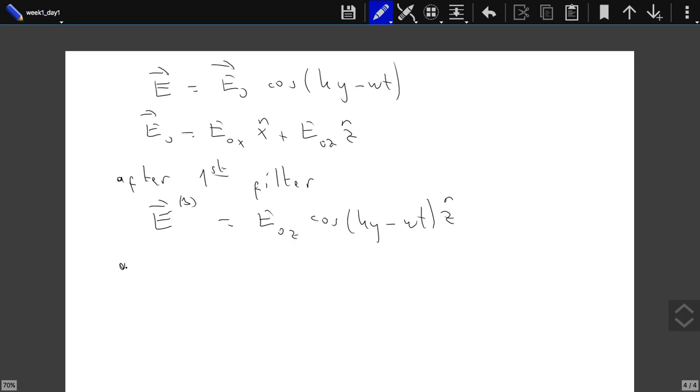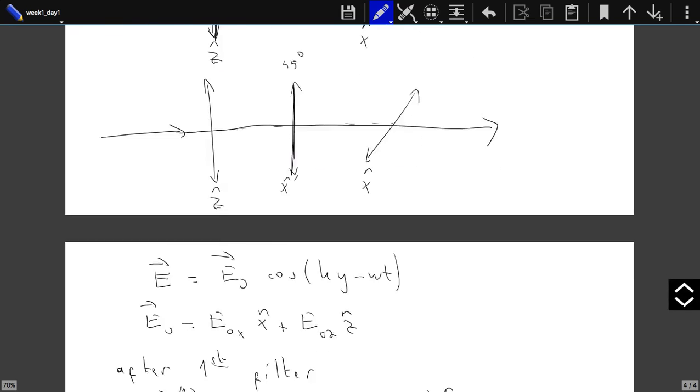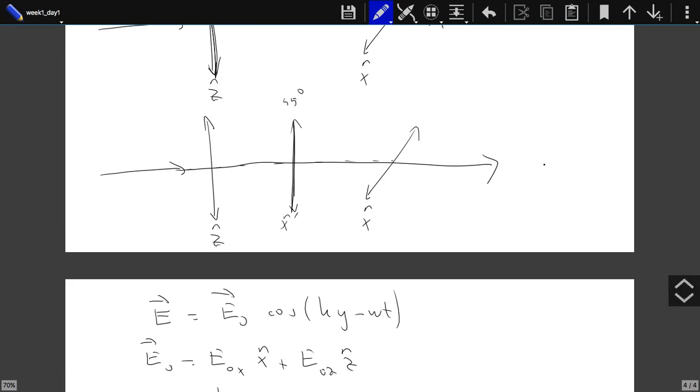But then if we put this 45-degree polarizer, well, let's give them some names. So this is my Z. This is my X. Let's say this is our X prime.